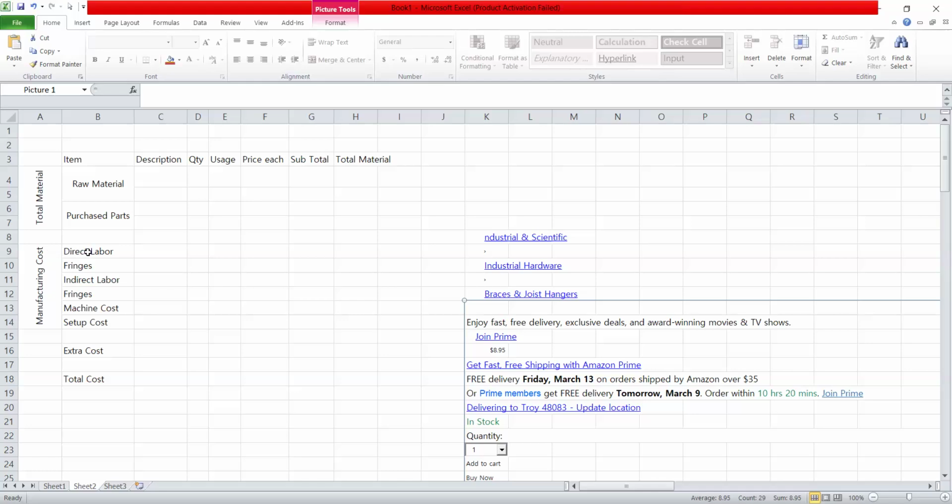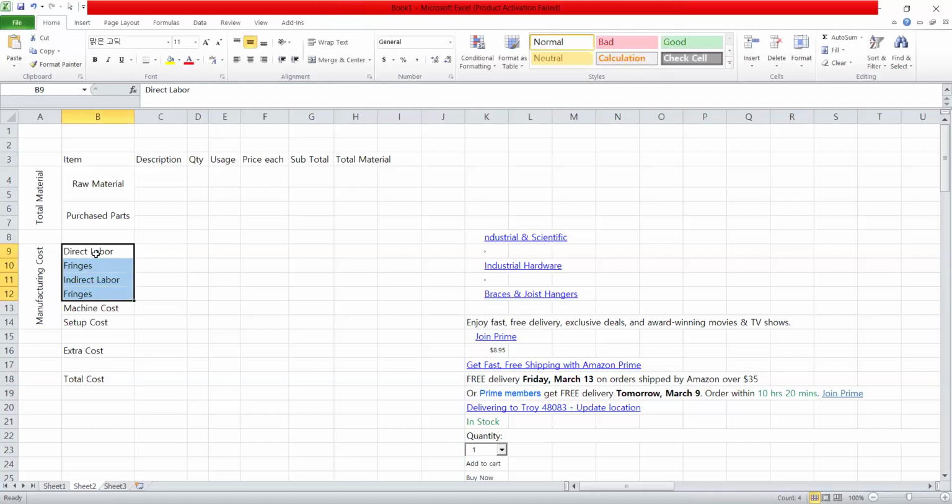Second is the labor, and within labor there are some additional portions. We will discuss them later, but just consider all of these three as the labor portion. And then we have machine, then setup cost, and a factor for extra cost, and then total cost. So all of these factors we estimate, and that gives us our final output.